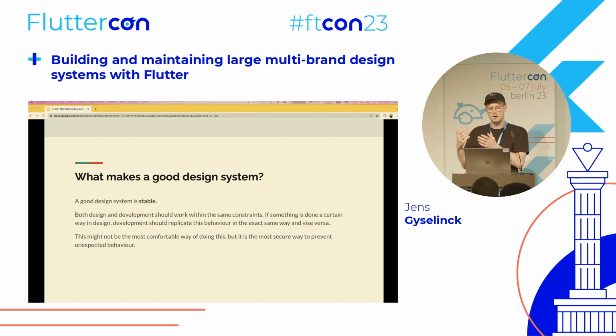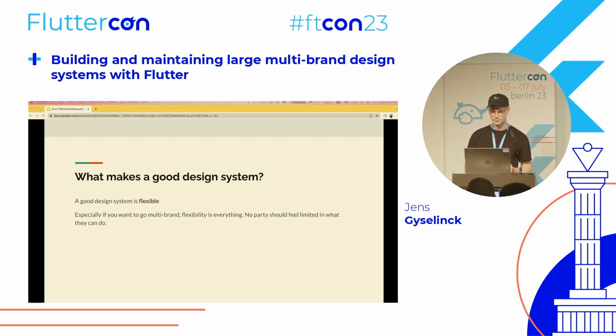Rule number 2 is a good design system should be flexible. And that's especially if you want to go multi-brand, because flexibility then is everything. And this is really a shout out to the design side of things, because if you're going to try and undertake an ambitious task like making a multi-brand design system and make it configurable, the last thing that you want is to feel limited by the design system itself.